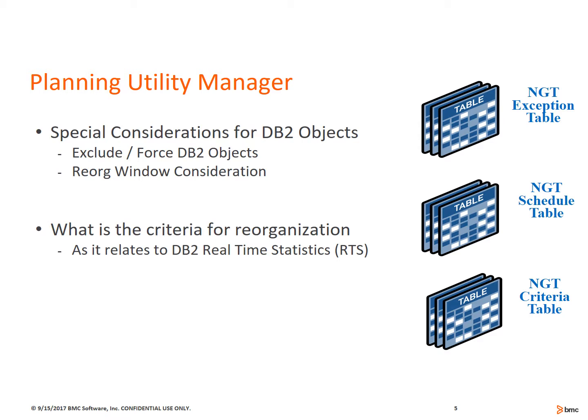These 2 tables are to create overrides or to limit the time of day which an object can be processed. The 3rd table, the criteria table, is where the RTS thresholds values are provided. It is these thresholds that determine what maintenance is required and can be set to adhere to your specific DB2 and/or application requirements.